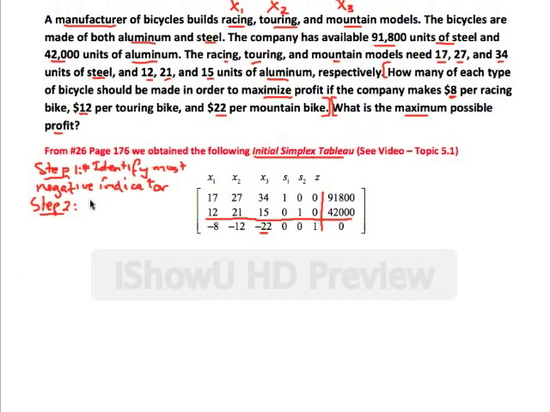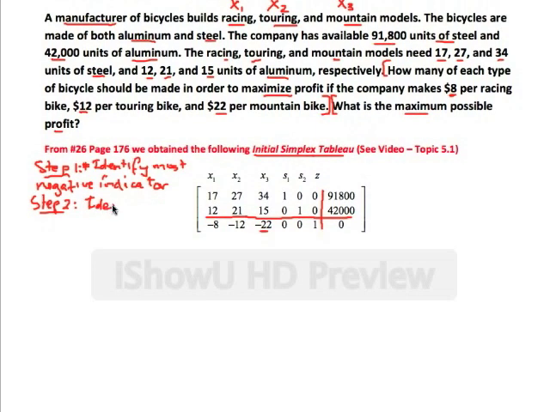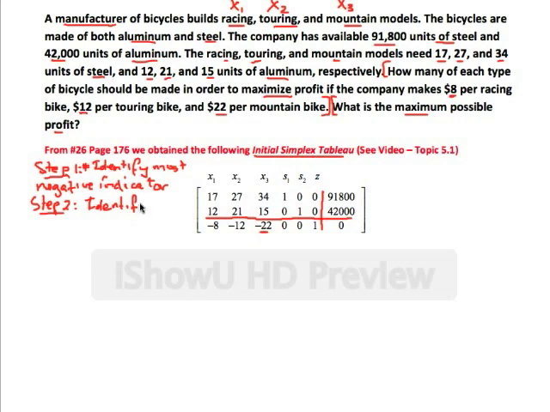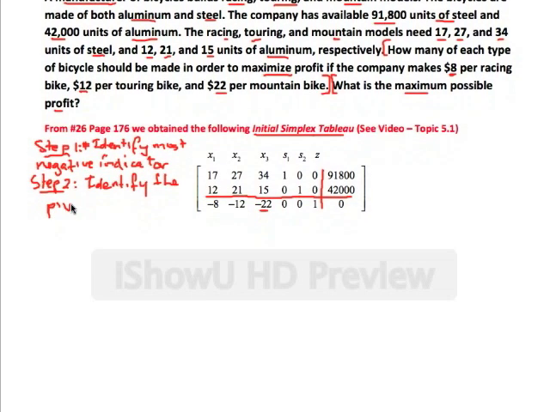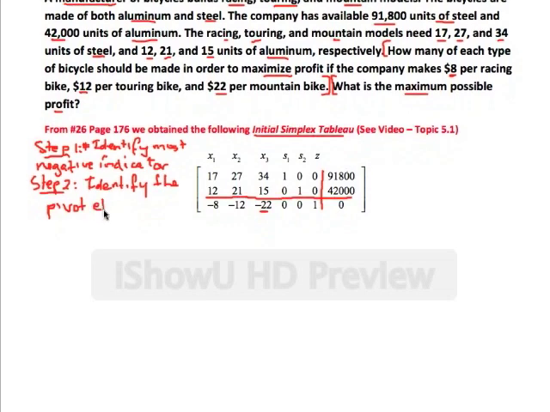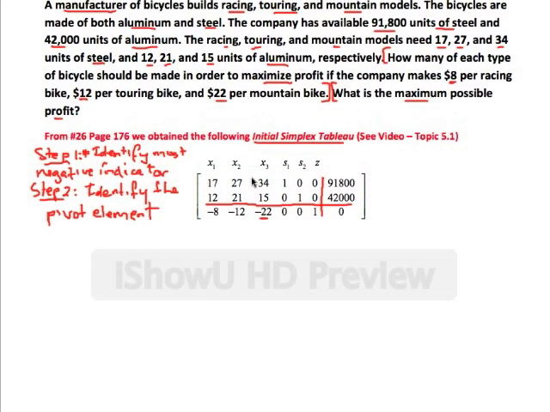So step two is we now want to identify the pivot element. Now the pivot element comes from the ratios.